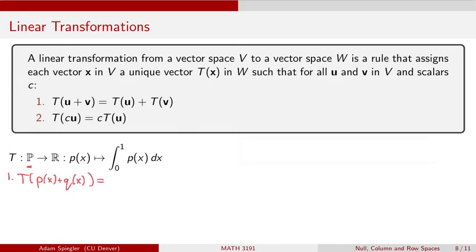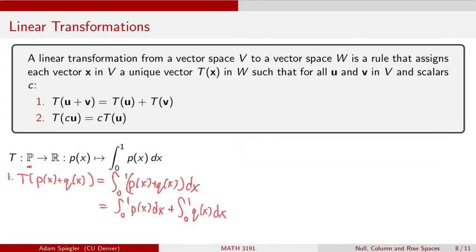By definition, this map would integrate p of x plus q of x dx over the interval from 0 to 1. As we know from properties of integration, we can break up sums inside and outside of an integral. So I can write this as the integral of p of x from 0 to 1 plus the integral of q of x from 0 to 1, and this is by definition T of p of x plus T of q of x.